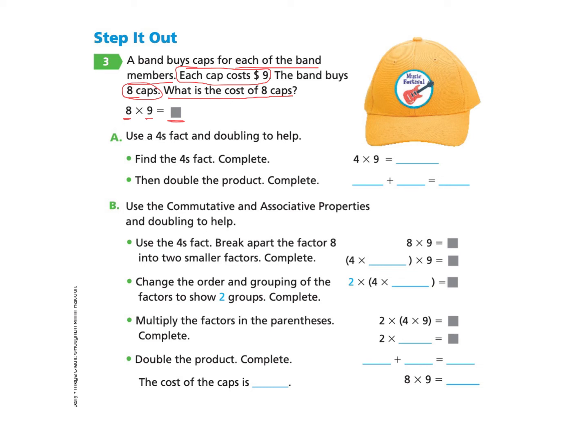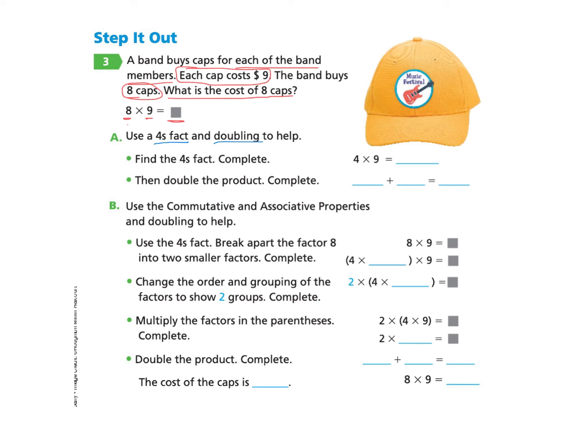Now let's follow the instructions under Part A and Part B to help us find more strategies on other ways that we could solve this word problem besides just writing 8 times 9, because we're trying to learn more strategies here. Part A gives us the strategy to use a fours fact and double.